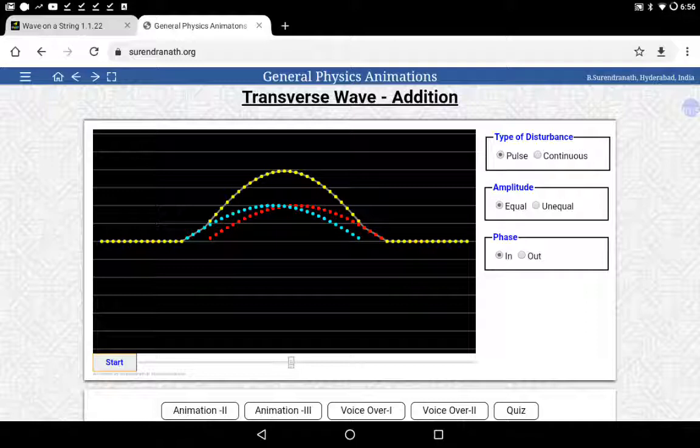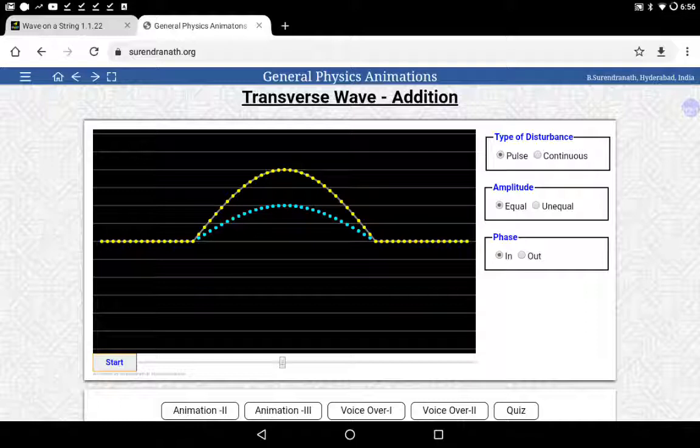Now if I bring it to a certain point, the red and blue waves are completely overlapping, and it's called total constructive interference, where they're completely overlapping and resulting in basically double the amplitude, double up.